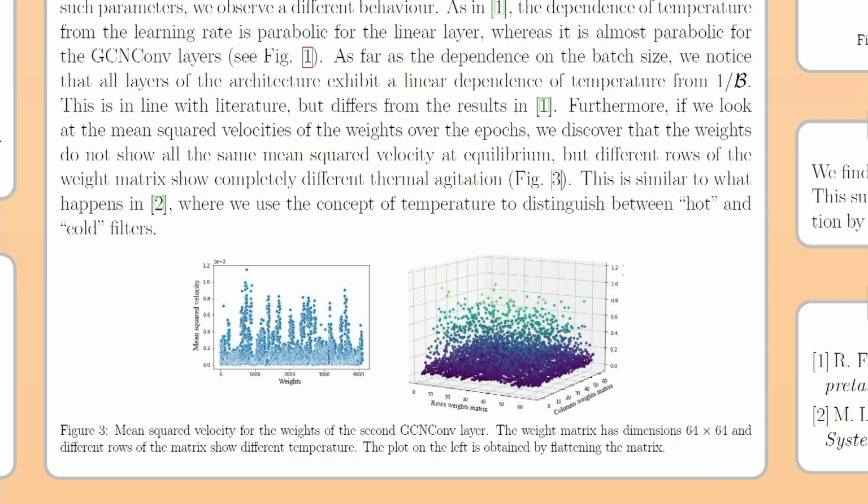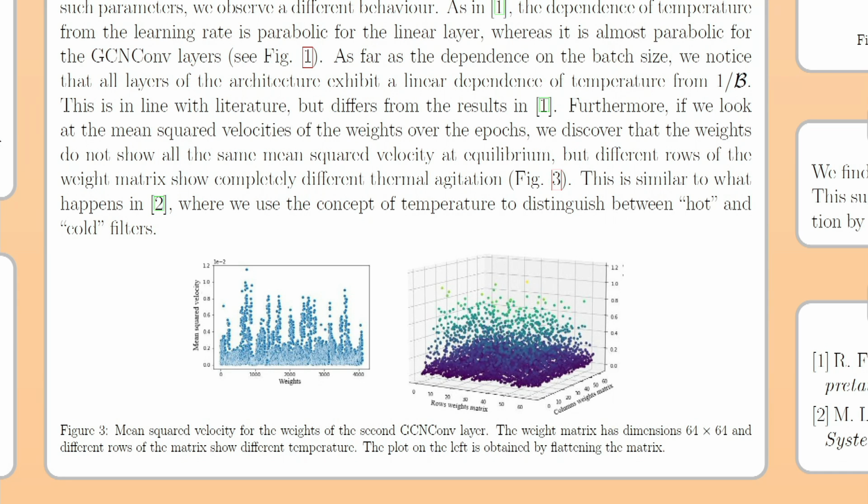In this case, we still have to do this pruning experiment on GCN, but it was interesting to discover that also in this case, we can notice that different rows of weights show different variation of the parameters.